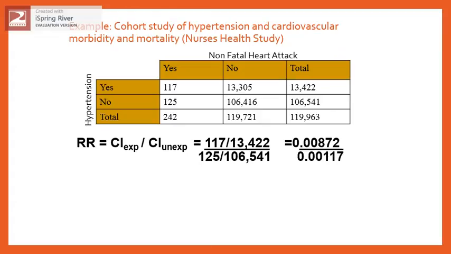So if you do all that math, you get 0.00872 divided by 0.00117. That comes out to 7.5.